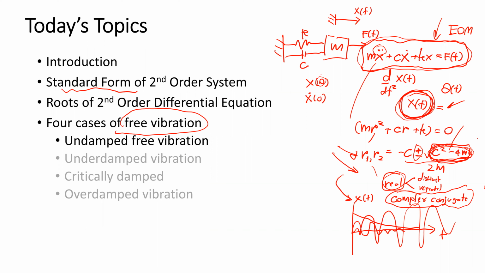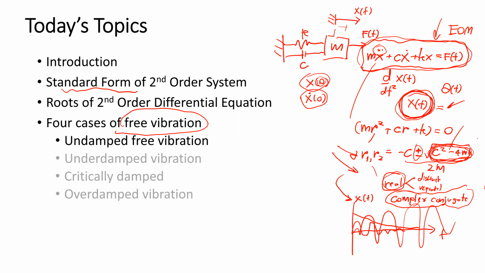When time equals 0, we may move the mass to the positive side from the equilibrium, and after that it's going to vibrate as the effect of the initial displacement. Or when time t equals 0, we may try to add some velocity to the mass so that the initial velocity is not 0, and it's going to continue vibrating.